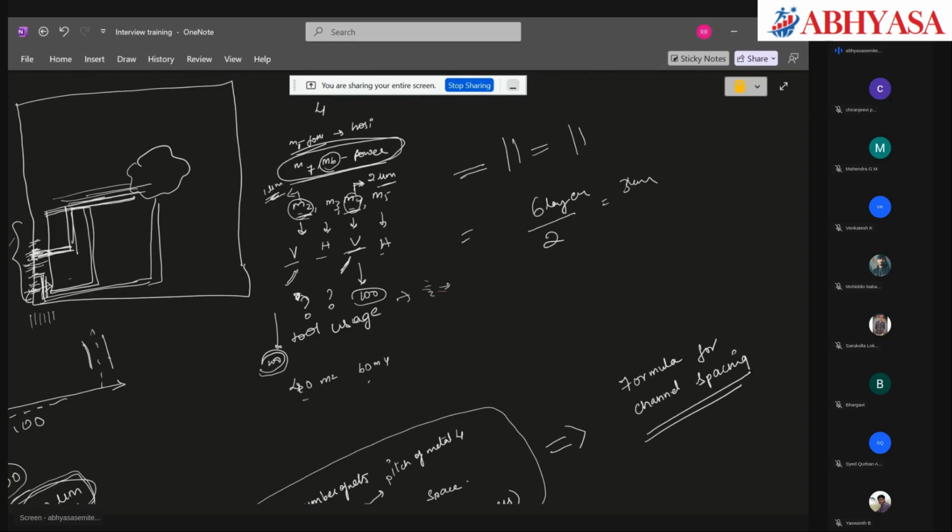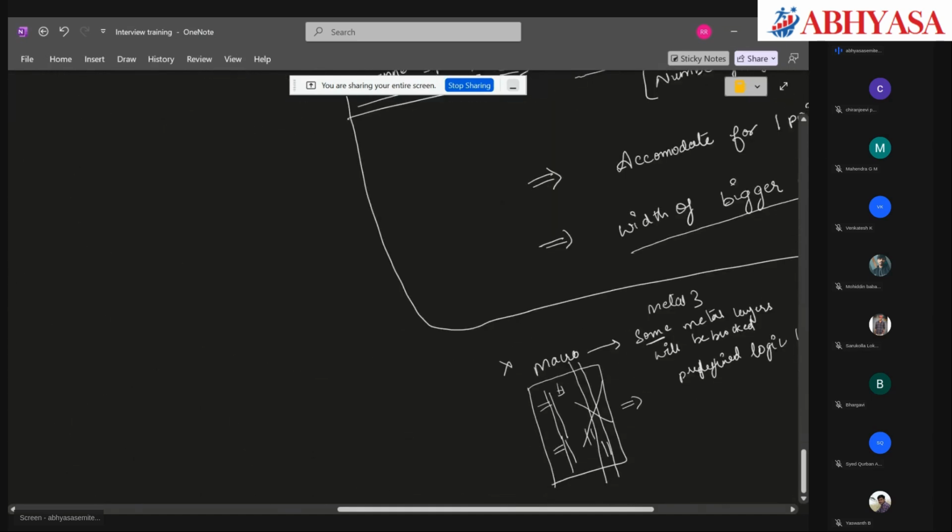This route has nothing to do with the macro because the macro only has metal 3 in it. So whatever we route in metal 4 or metal 5 has no interference with the macro. It can go over the macro, right?